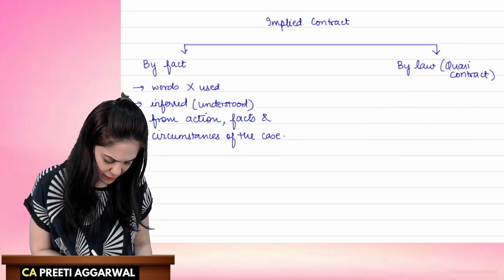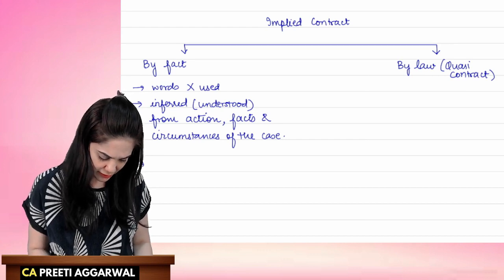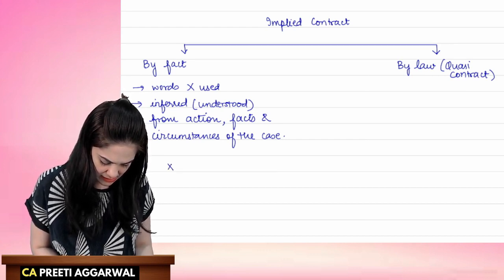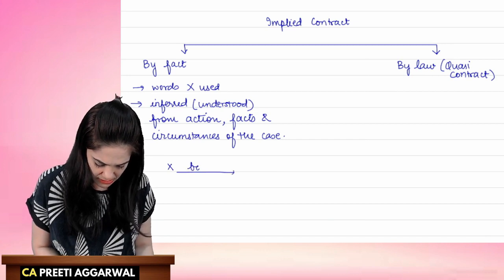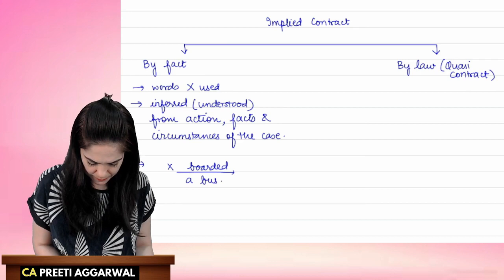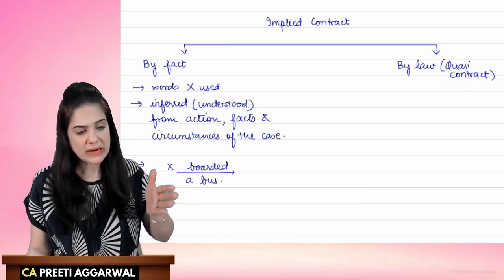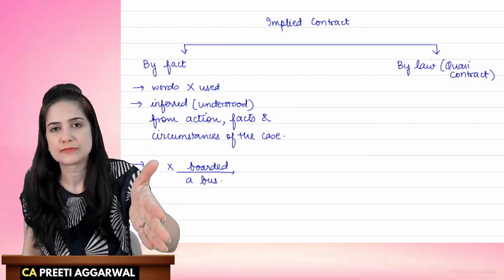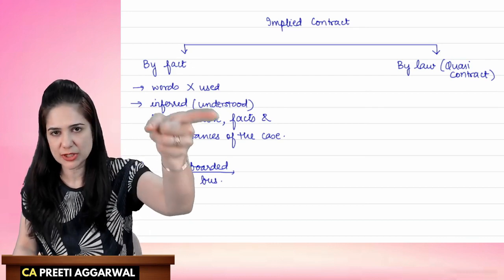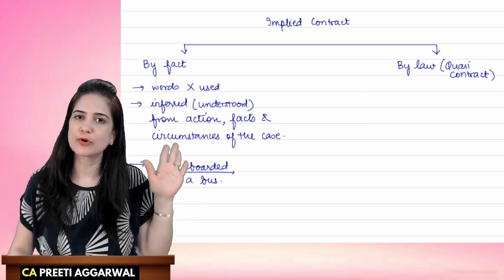So let's say for example that X boarded a bus. Now, the bus is running on a fixed route. It's an implied offer that I am going to the station; if you want, you can board the bus.